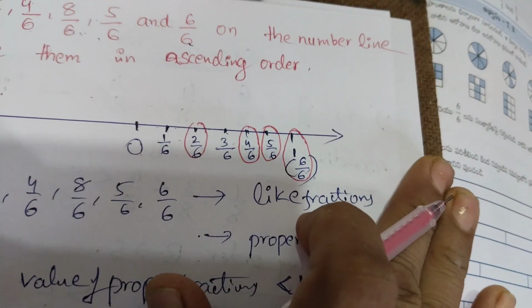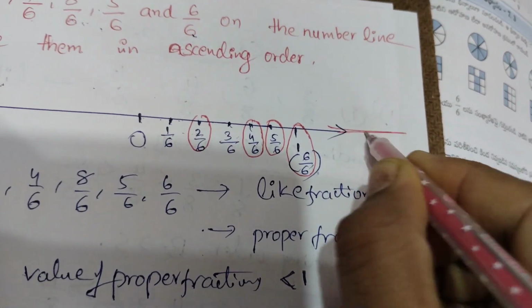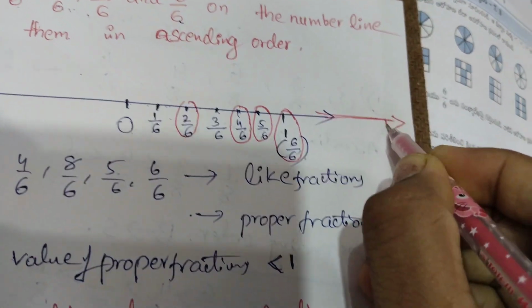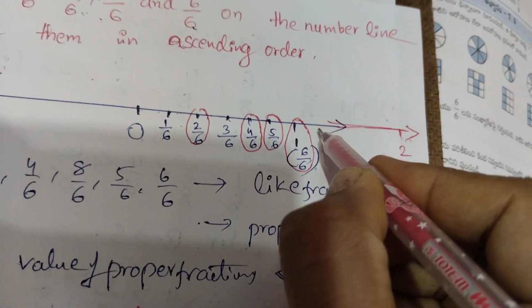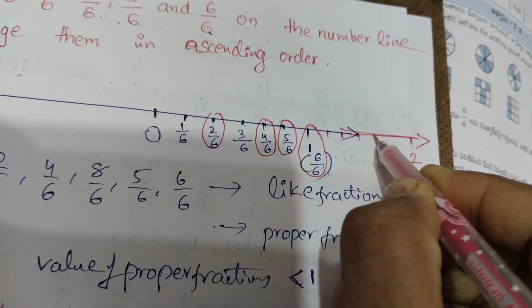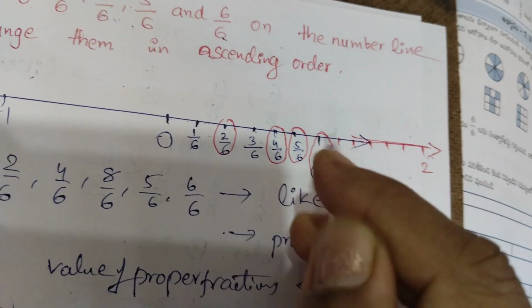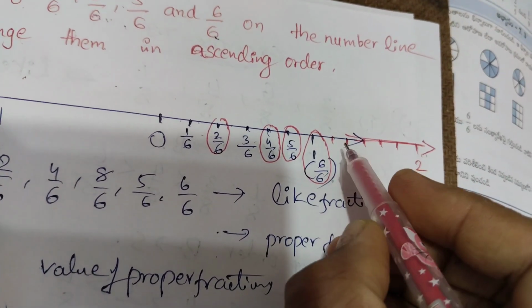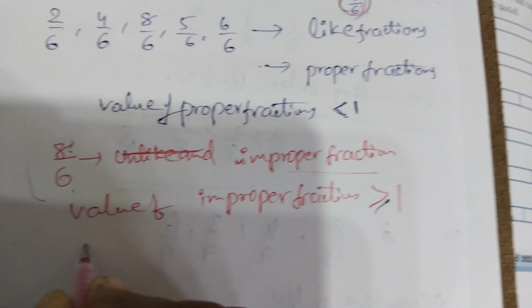For that I am extending this, and I am taking 2 also. So I am marking 1, 2, 3, 4, 5. I am dividing this second part also into 6 equal parts. So 8 by 6 means what?